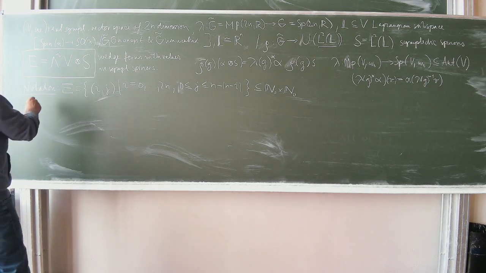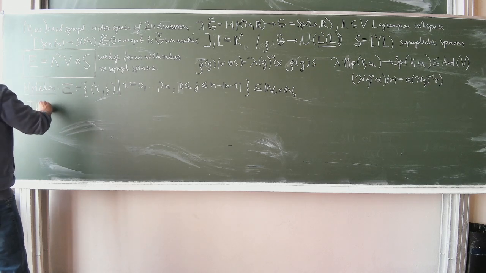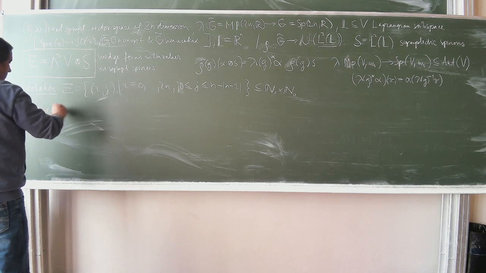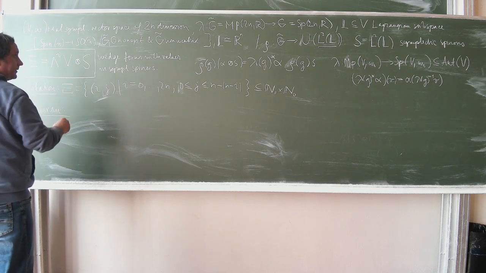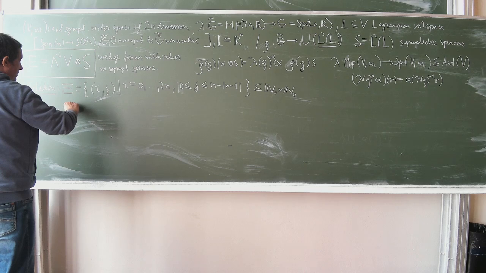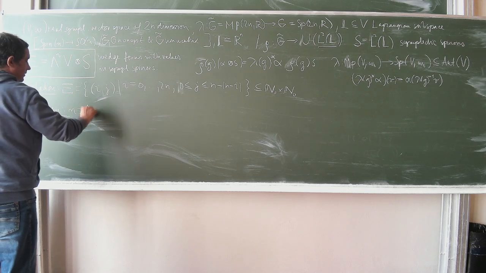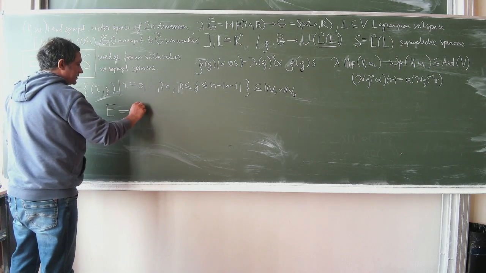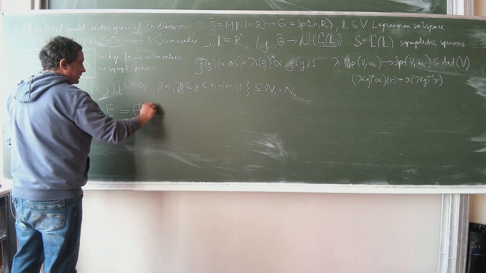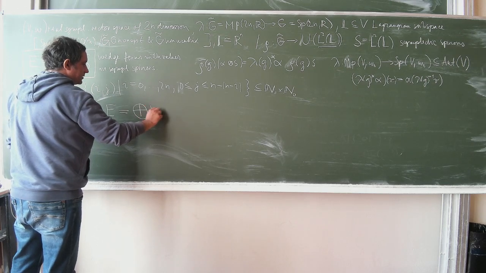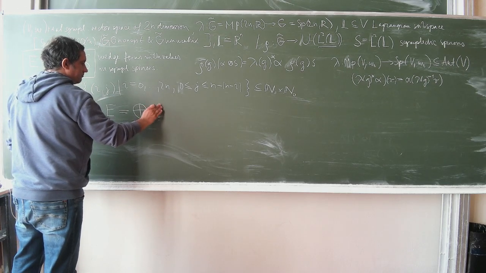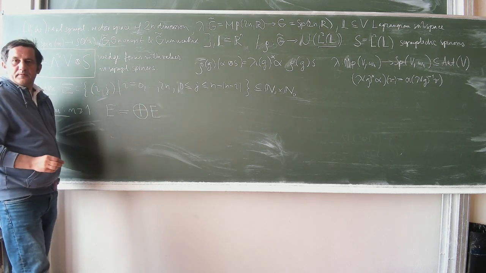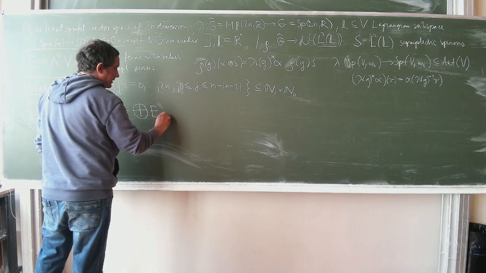And with this notation, we have a theorem: for any n bigger or equal to 1, E is written as a sum of subrepresentations. I will denote them by lower indices ij.